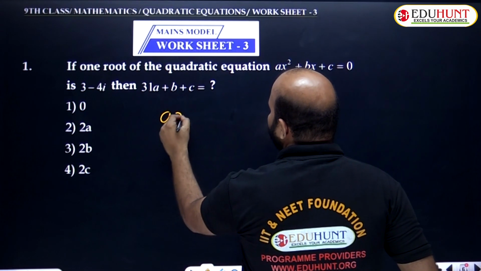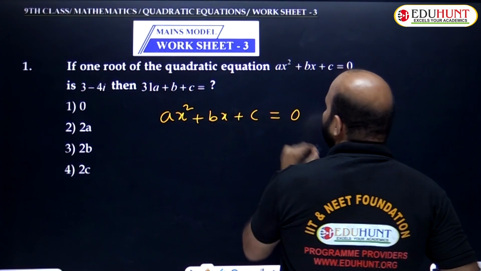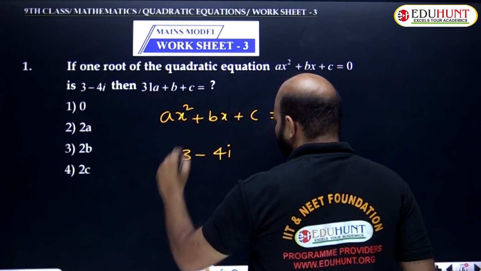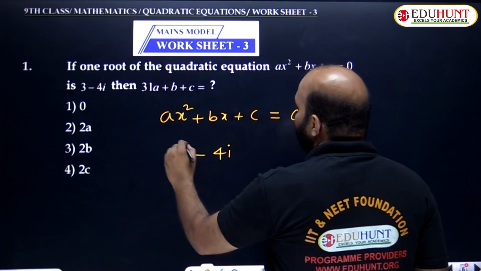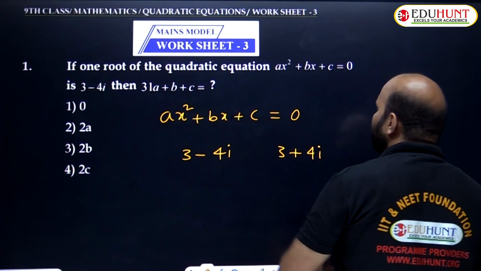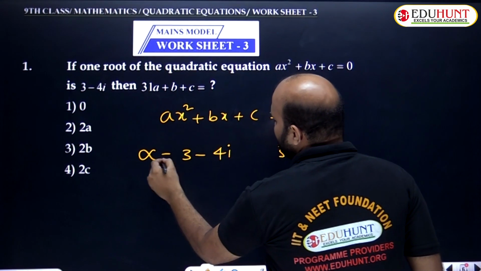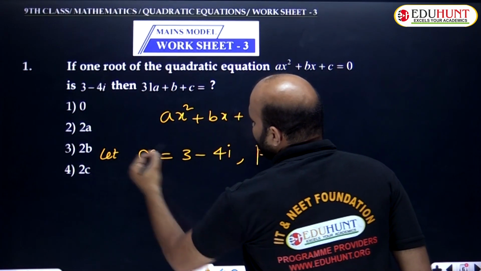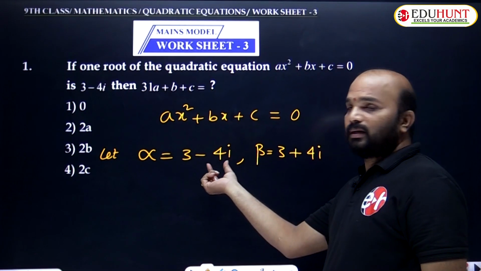I am given the quadratic equation ax square plus bx plus c equal to 0. One root is already given, 3 minus 4i, a complex number.